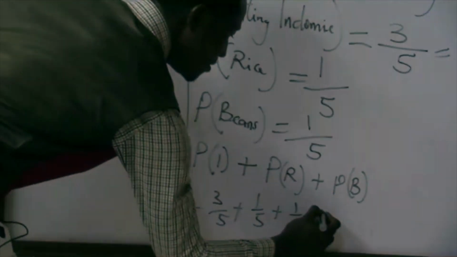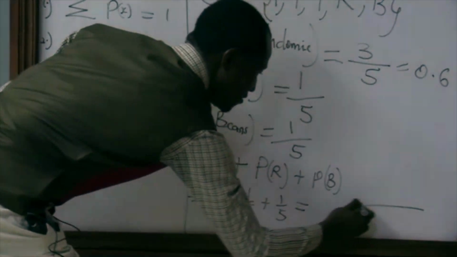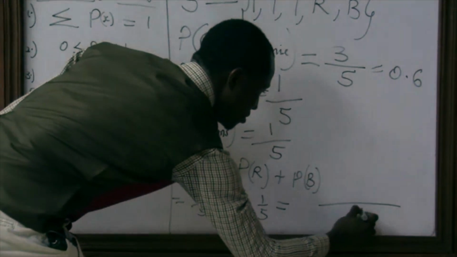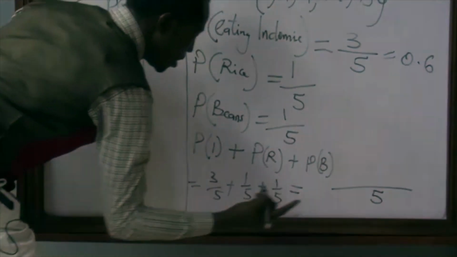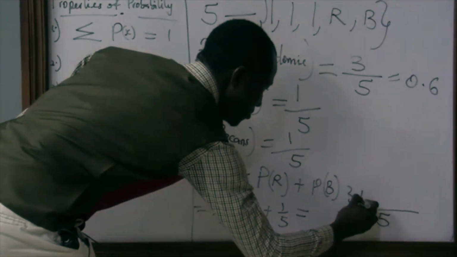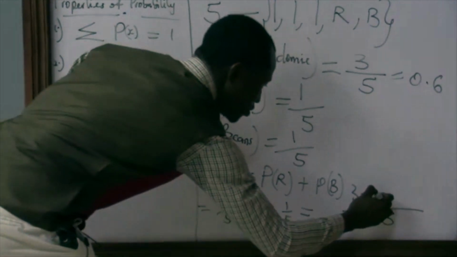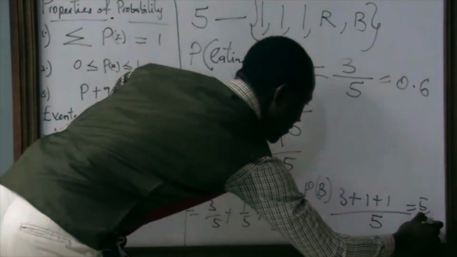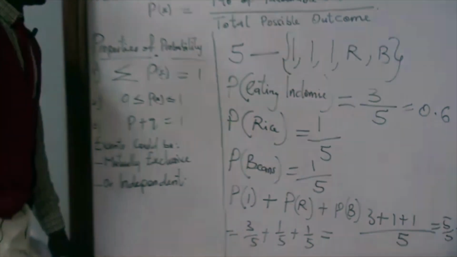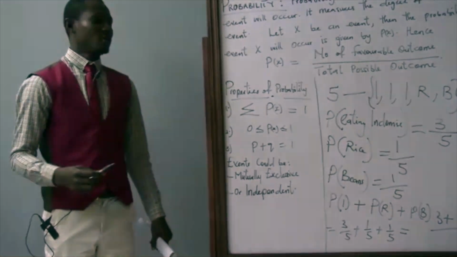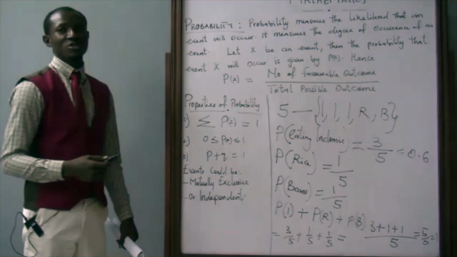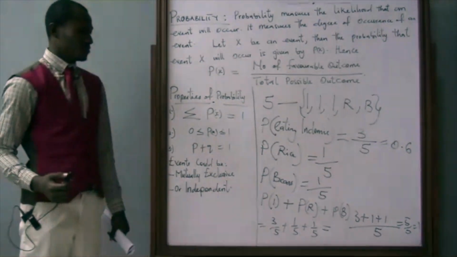Taking the LCM, we have 5 as the lowest common multiple. So 5 and 5 is 1, 1 times 3, 3, plus 5 and 5 is 1, 1 times 1 is 1, and it's also 1. So this gives me 5 divided by 5, and that is 1. So the addition of all the probabilities, depending on what we are considering, is equal to 1.